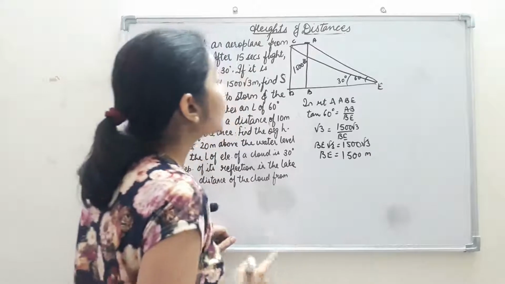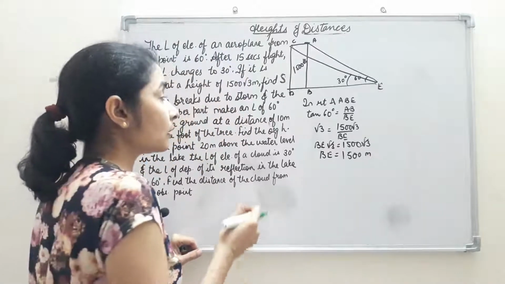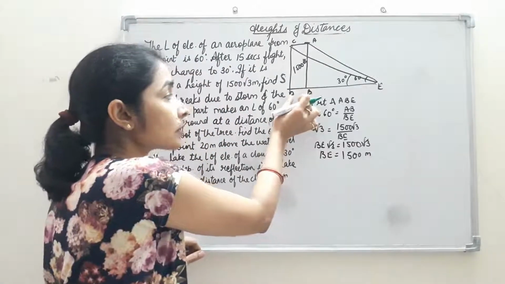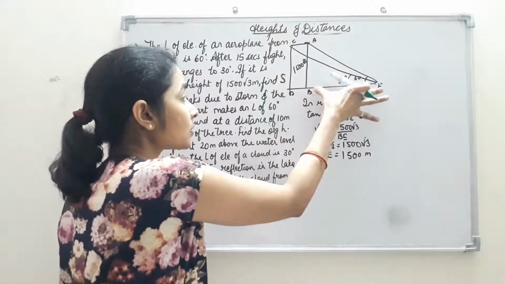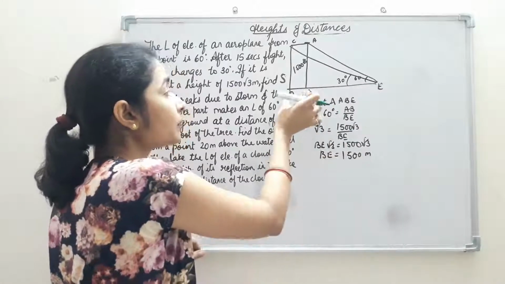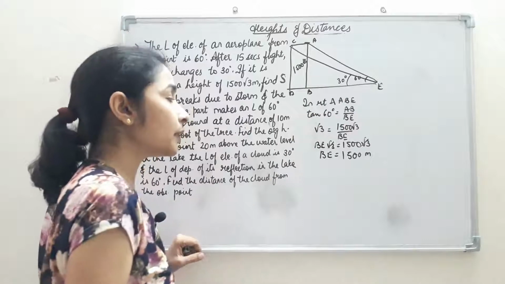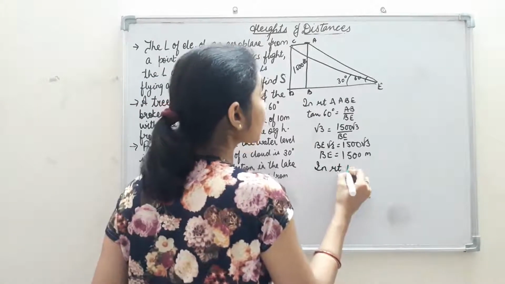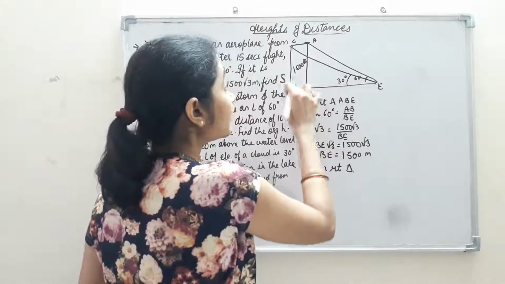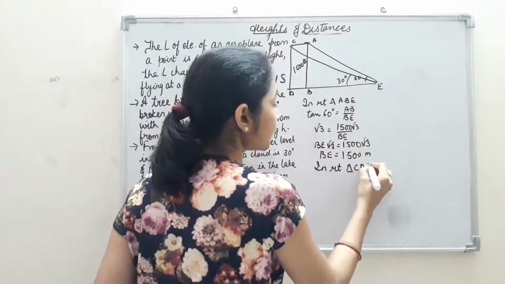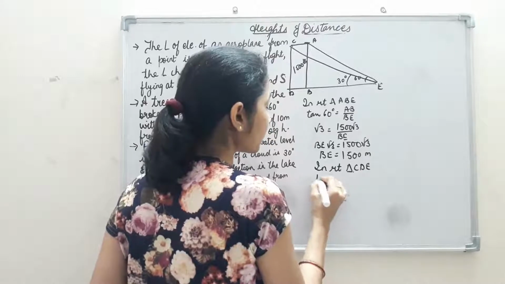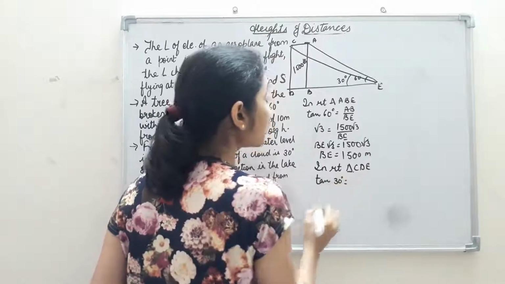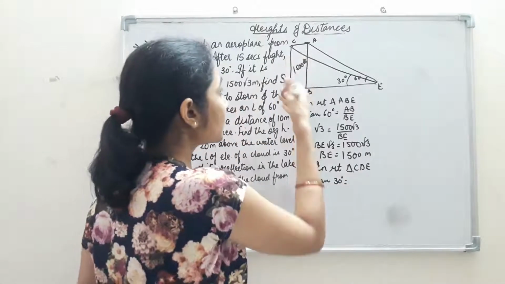Now taking the next, we need to find out this distance here. If we subtract this BE from DE, then we will get this BD. So taking the next triangle, in right triangle CDE, tan 30 degree is equal to CD upon ED, since AB and CD are equal.